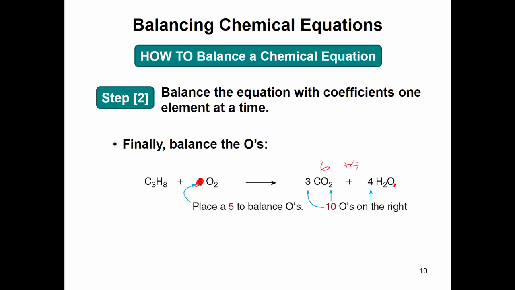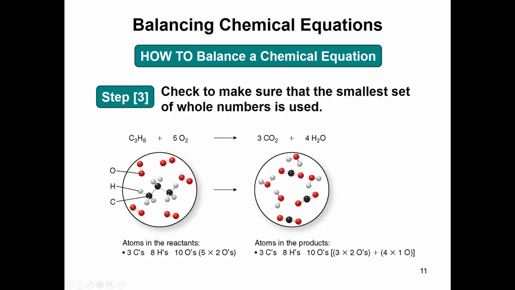So 6 plus 4 equals 10 oxygens. So to match what was here, I have to put a 5 in front of the oxygen. 5 times 2 gives me 10. I have 3 carbons on each side, 8 hydrogens, and 10 oxygens on each side.